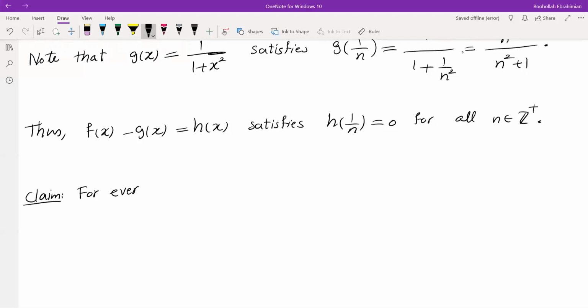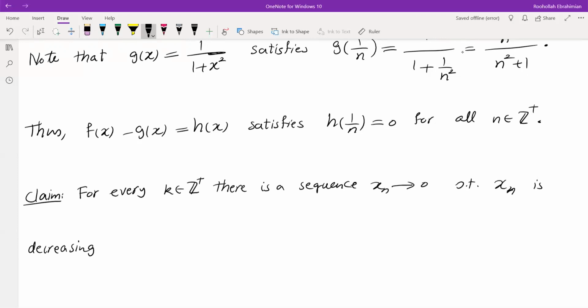For every positive integer k, there is a sequence x_n approaching 0 such that, let me also write down that x_n is decreasing, and h^(k) of x_n is equal to 0.